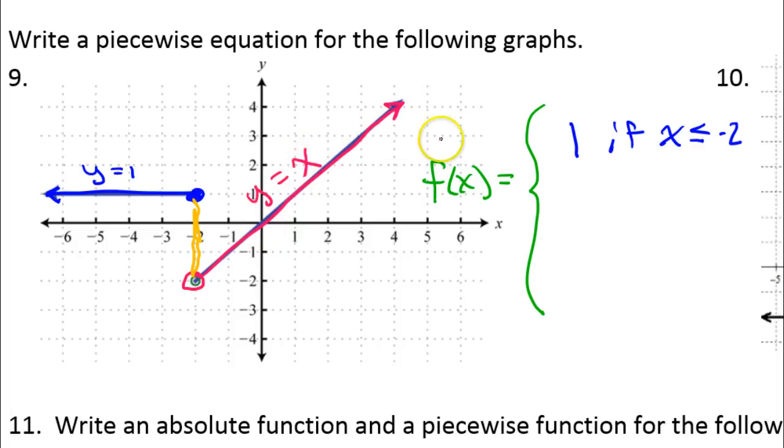So it's just y equals x. So I can just put x for my second piece, because y equals x. Now I will say if x is greater than -2. Again, the break is at an x value of -2, and it's to the right. I will not put an equal to sign because it is an open circle.